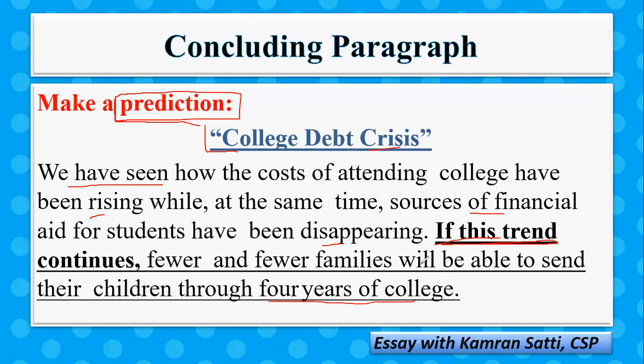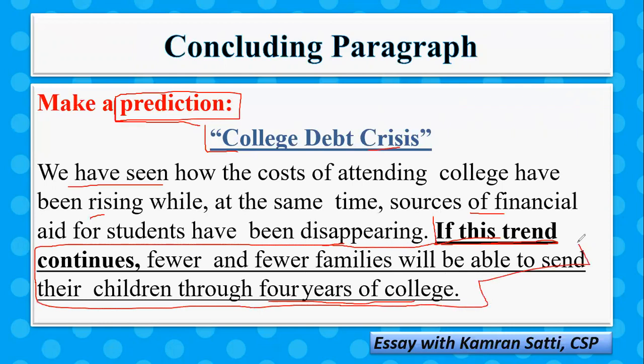So this is a prediction: if we don't start providing aid to students for higher education, this is the prediction we are making, that fewer and fewer students will be able to attend college.